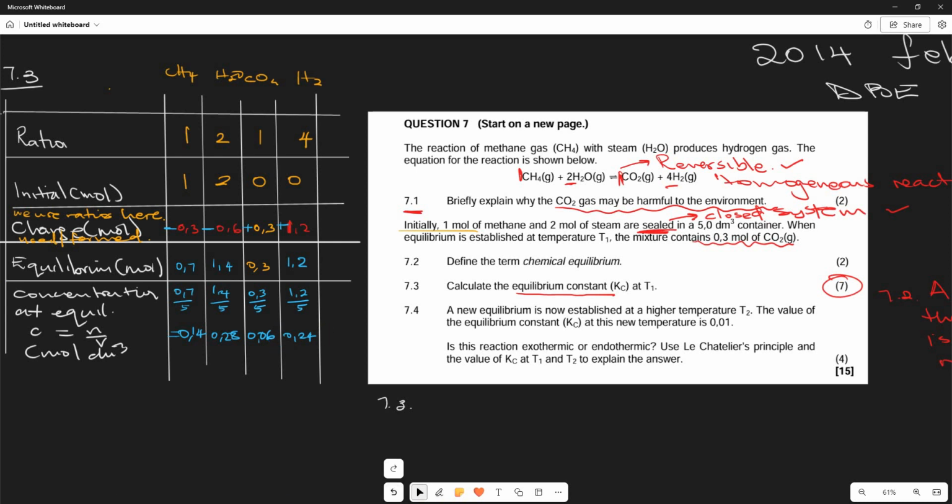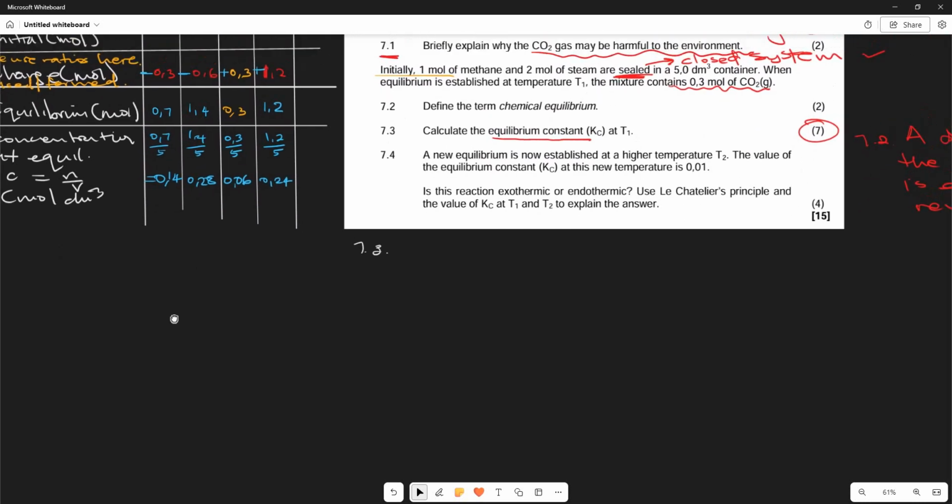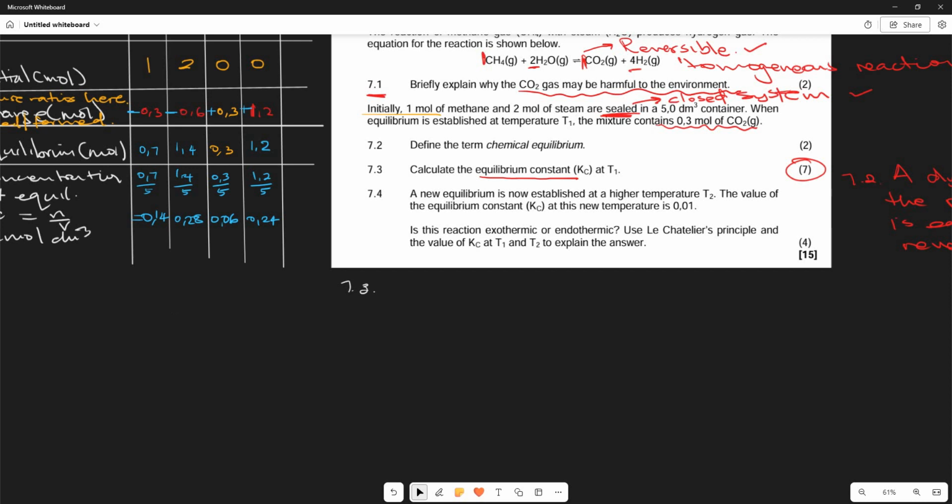So now the Kc expression that we must write is dependent upon the equation. There is no specific formula that we can say, okay, this is the formula to calculate Kc. It depends on the equation that is provided to us. So Kc is equal to the concentration of CO2, what's the coefficient?